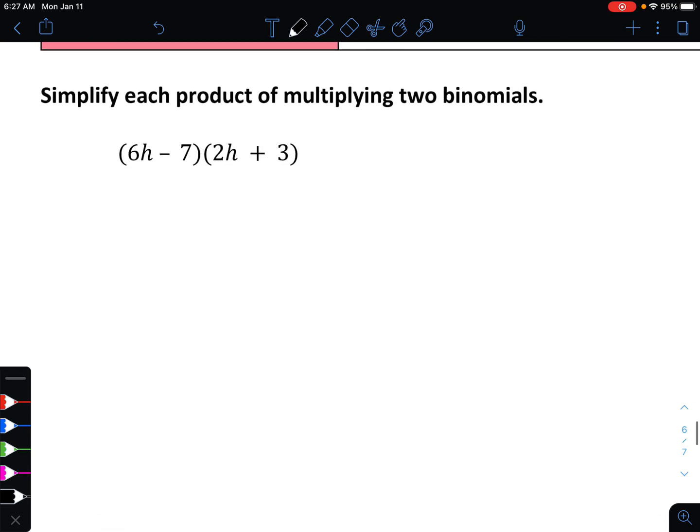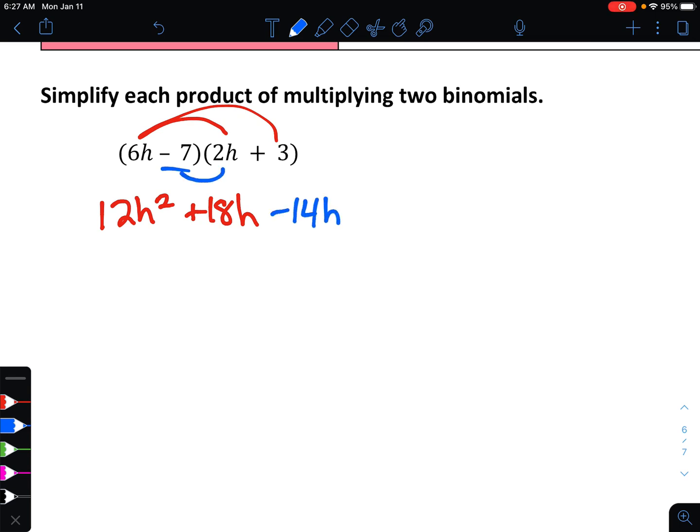So in this example, we've got 6h minus 7 multiplied by 2h plus 3. So same idea, we're going to take 6h multiplied by 2h is 12h squared, and then 6h multiplied by 3 is 18h. Next, we'll take our second term, which is the minus 7, and do the same thing. So negative 7 multiplied by 2h is negative 14h.